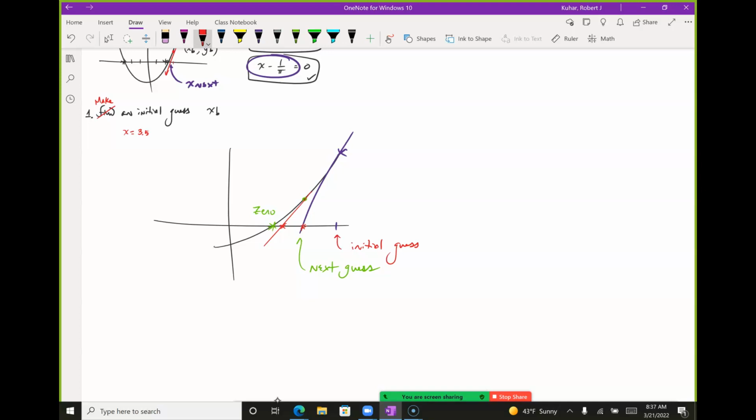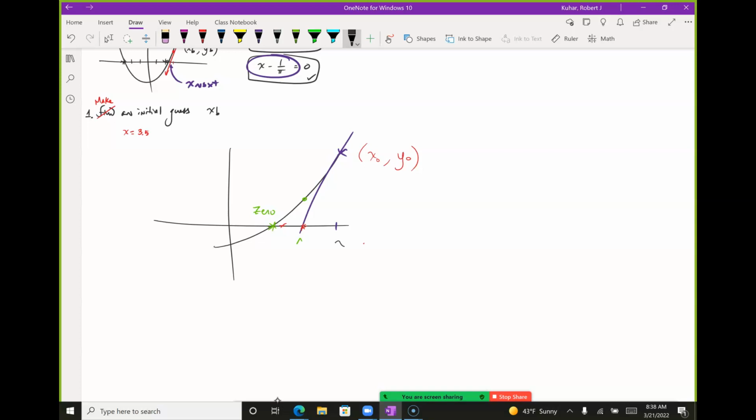So think about my points. What if this was my initial, I'll say x initial, y initial, right? And this point here on my tangent line, so let me just get back to my single tangent line here. Here's my single tangent line, right?